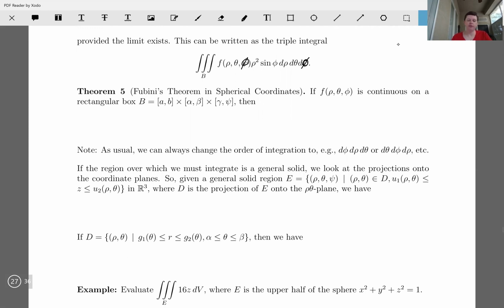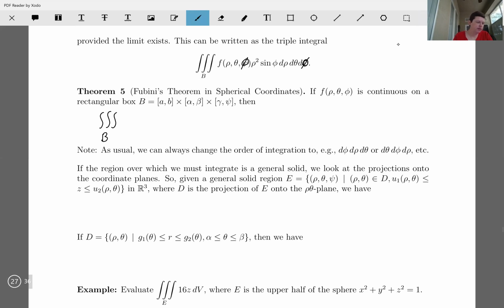So Fubini's theorem in spherical coordinates says that if f of rho theta phi is continuous on a rectangular box, where here we're saying in spherical coordinates, [a,b] by [alpha,beta] by [gamma,psi], then our triple integral is defined as follows.